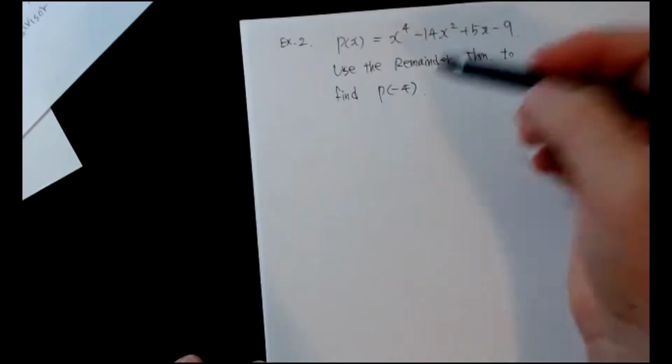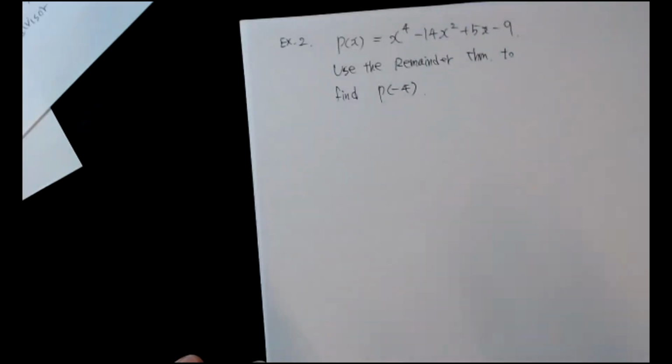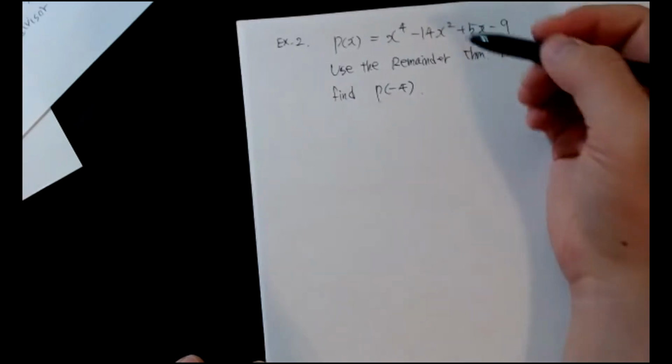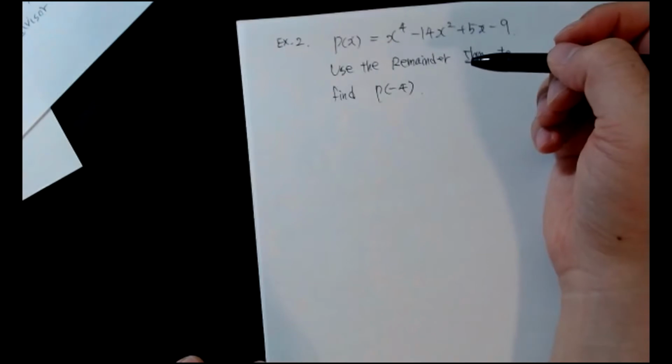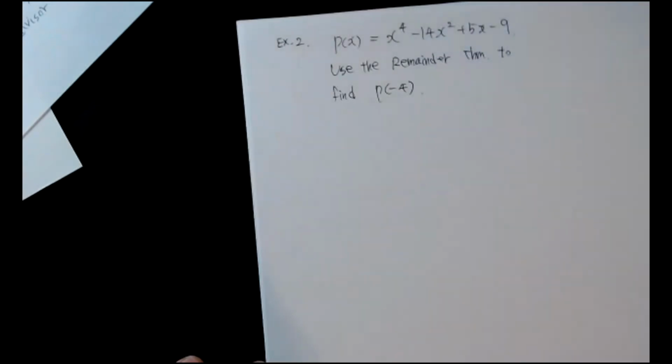It means that we have to divide p of x by x plus 4. So why x plus 4? Why should the divisor be x plus 4?